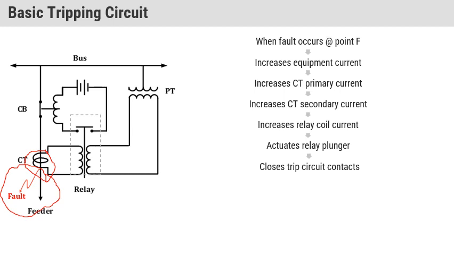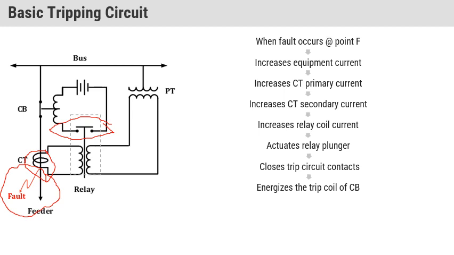So this contact gets closed, and due to this closing the circuit completes. You can see that our circuit breaker circuit is not complete if the plunger is open, but when the plunger is closed, the circuit completes and energizes the trip coil of the circuit breaker.